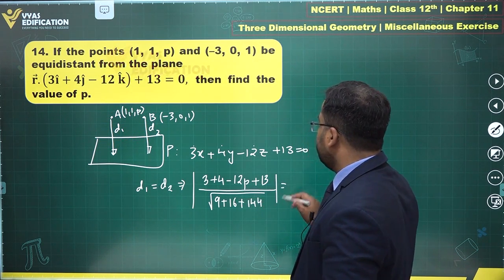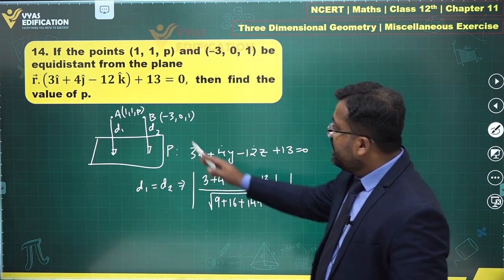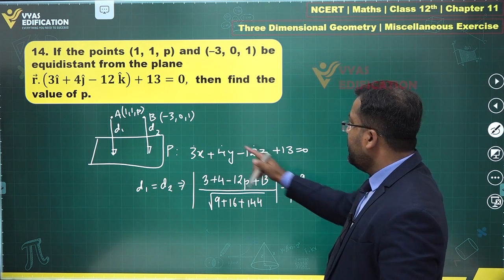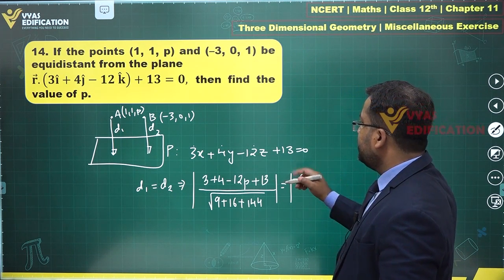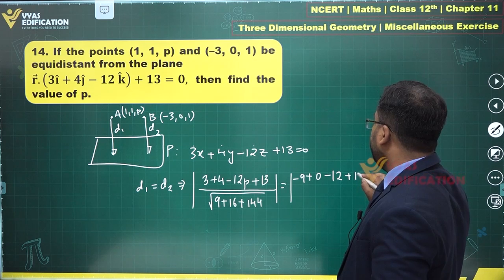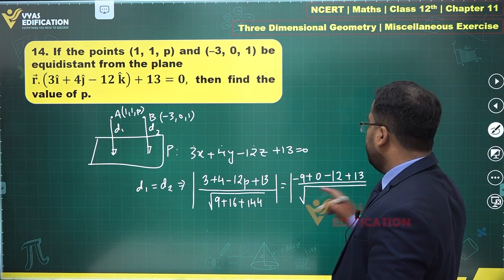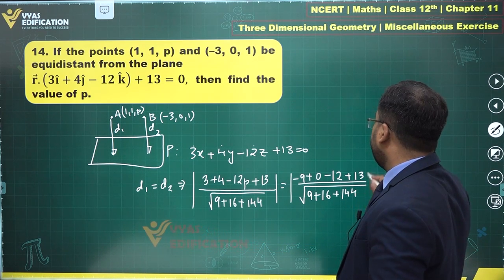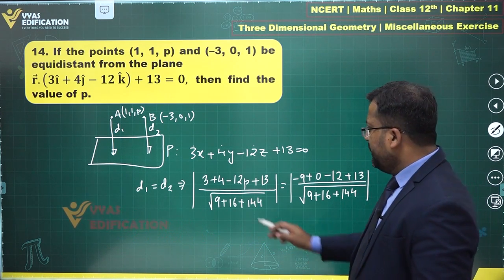This distance d1 is equal to the distance d2, which is again ax1 will become minus 9, by1 will become 0, and cz1 will become minus 12 plus 13 upon under root of the same expression 9 plus 16 plus 144 modulus.